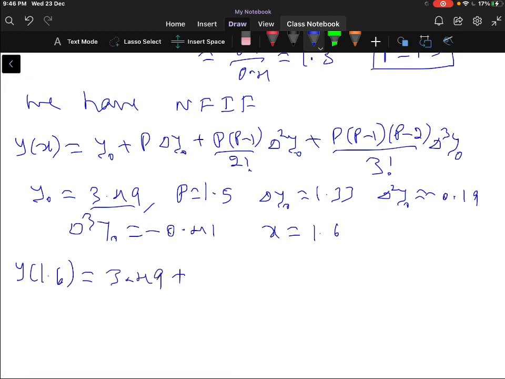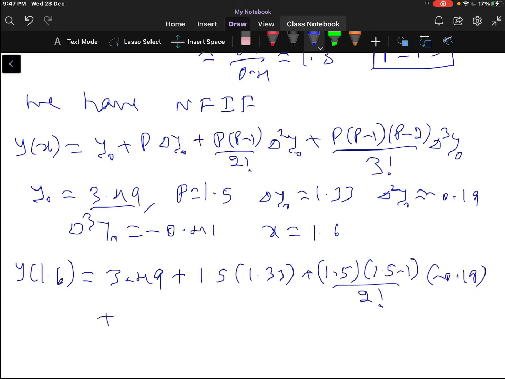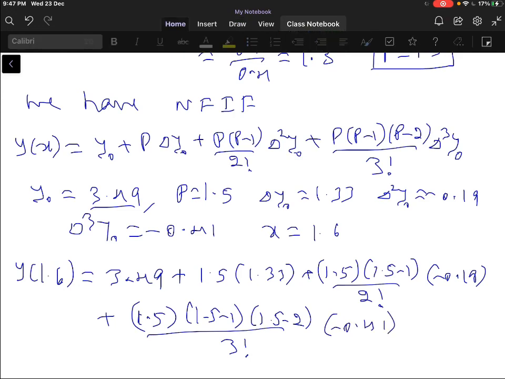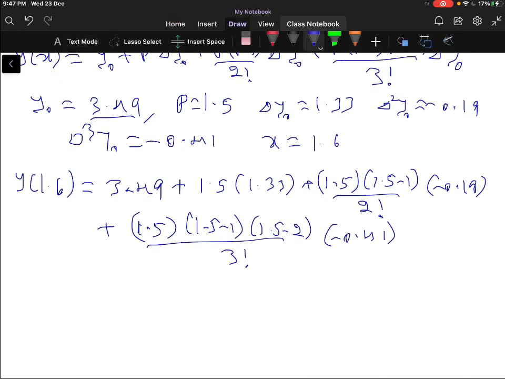Therefore y of 1.6 is equal to y naught is 3.49 plus p is 1.5 into delta y naught is 1.33 plus p is 1.5 into 1.5 minus 1 by 2 factorial into delta square y naught is minus 0.19 plus p is 1.5 into 1.5 minus 1 into 1.5 minus 2 by 3 factorial into delta cube y naught is minus 0.41.